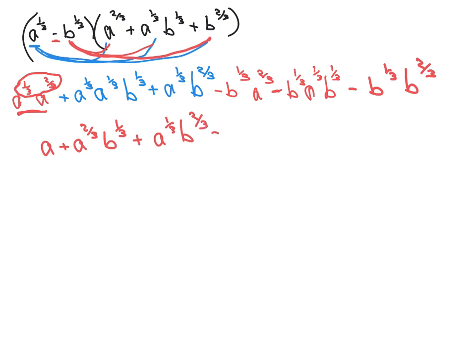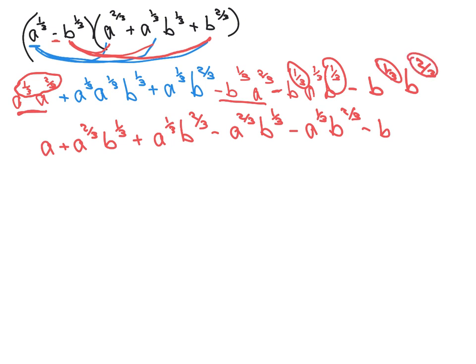And here we can't combine anything. I am going to switch them around just to put them in alphabetical order because everything else is in alphabetical order. Put that first, and then the b to the 1/3. B to the 1/3 would be b to the 2/3. Then we finish up with b to the 1/3 plus 2/3, which is b to the 3/3, which is b to the 1, which I don't have to do anything with.